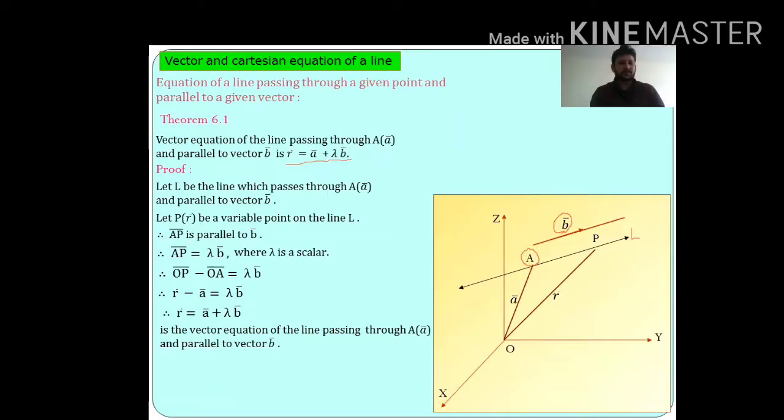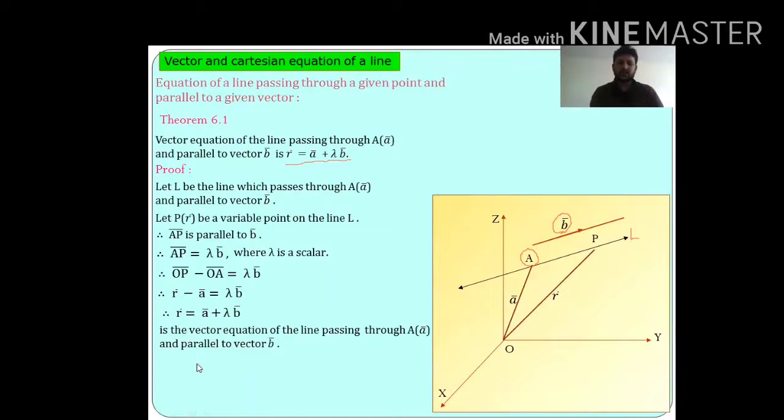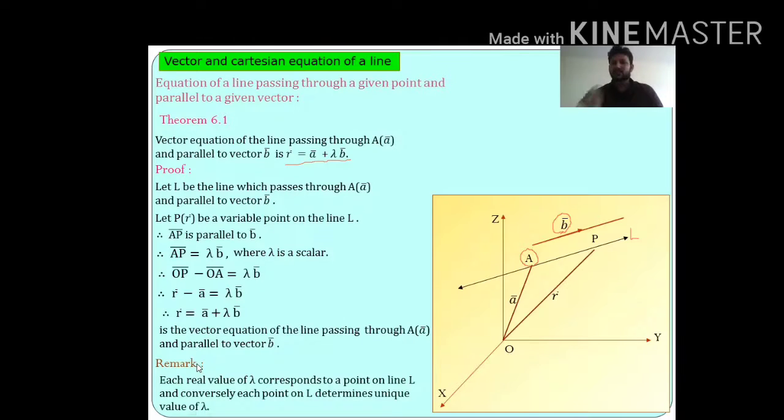For different values of lambda, you will get different points on the line. And if you are given a unique value of lambda, you get only one point. So one more remark here: each real value of lambda corresponds to a point on the line L, and conversely each point on line L determines a unique value of lambda, that scalar multiple.